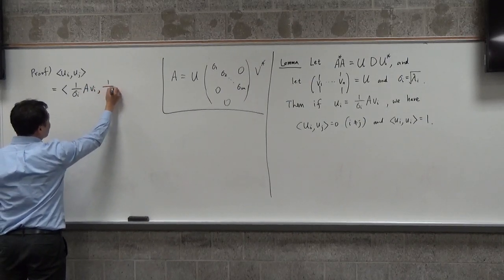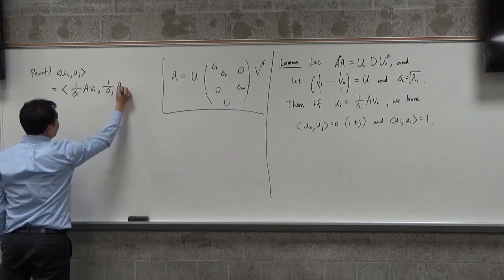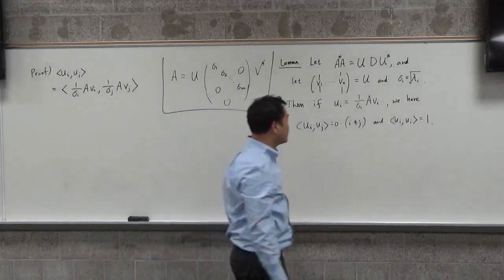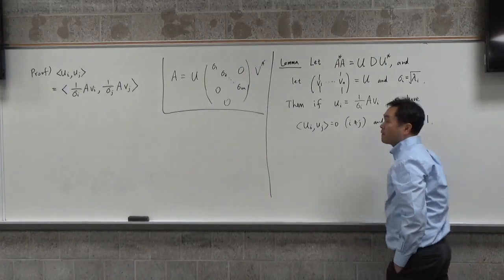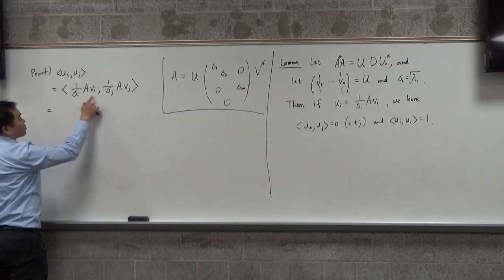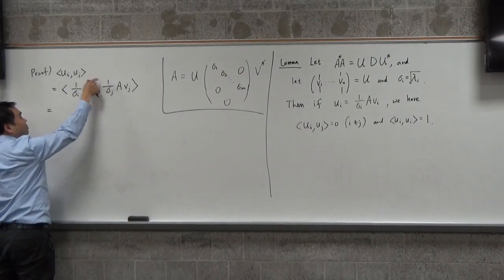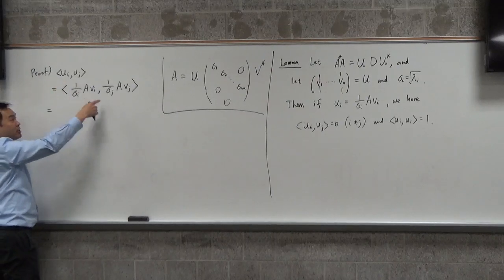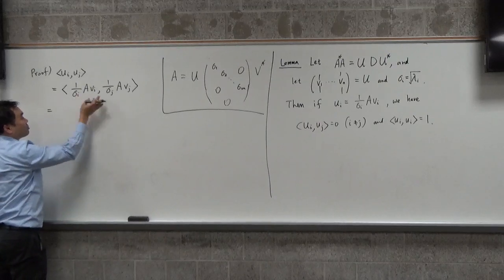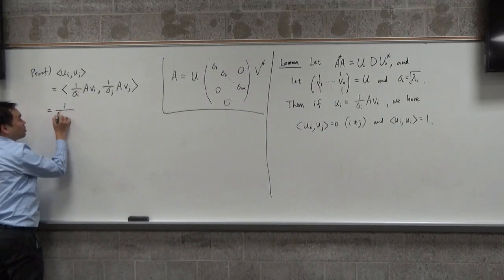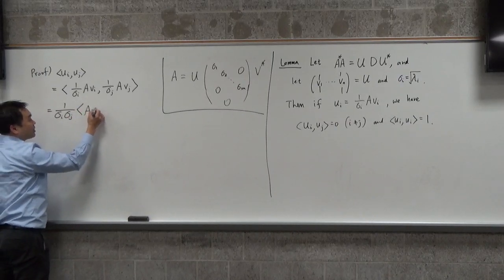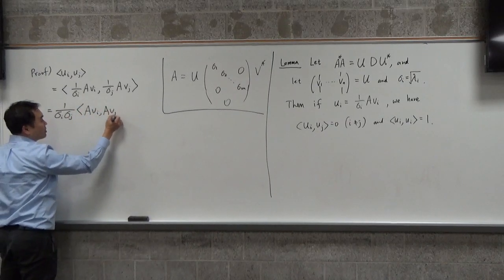And then Uj is 1 over sigma j, A Vj. And then, well, these are both real, so although the second component should come out as a complex conjugate, the complex conjugate doesn't do anything to real numbers. So if I pull them out, they both become 1 over sigma I and 1 over sigma j, and the inner product of AVi and AVj.